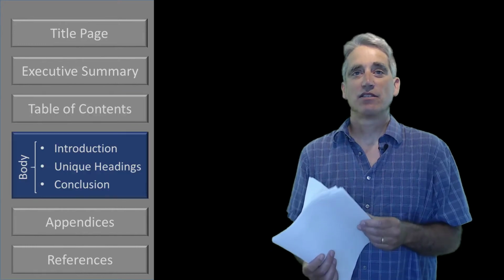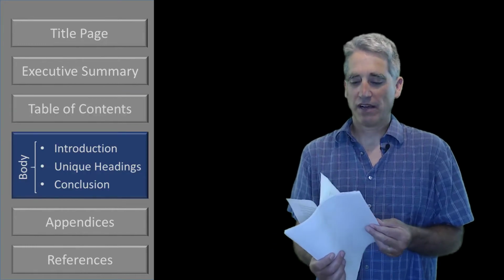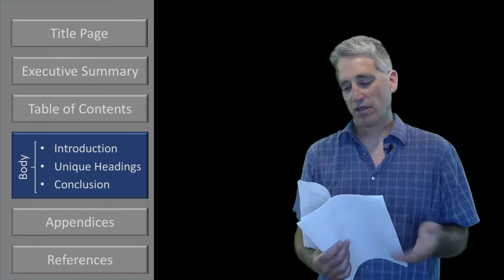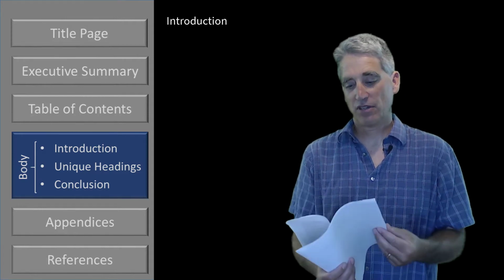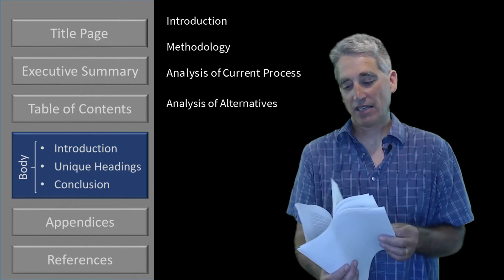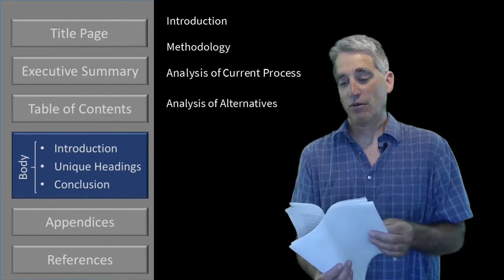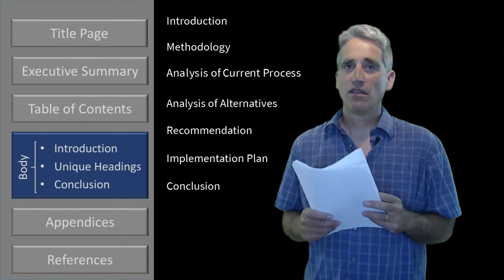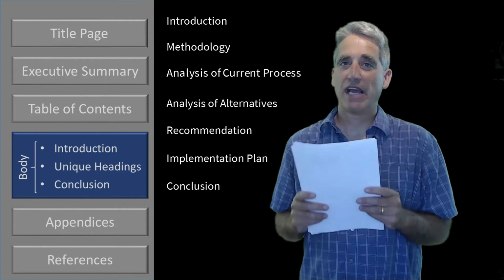The next section is the body. Different reports will have a different organization and different headings and subheadings, but in this report, the body includes these headings: introduction, methodology, analysis of current process, analysis of alternatives, recommendation, implementation plan, conclusion. The body of this report is 15 pages.